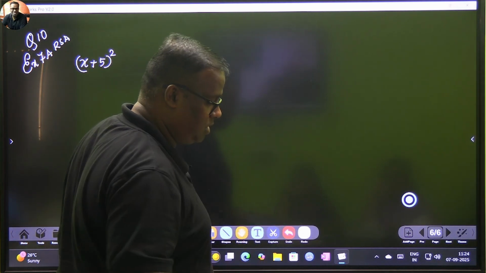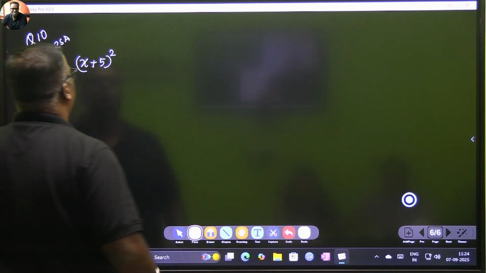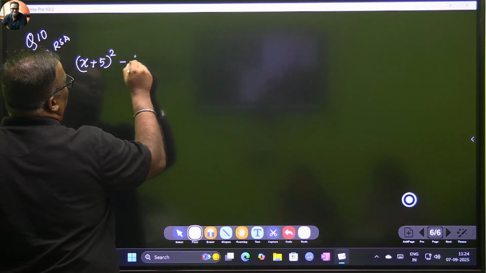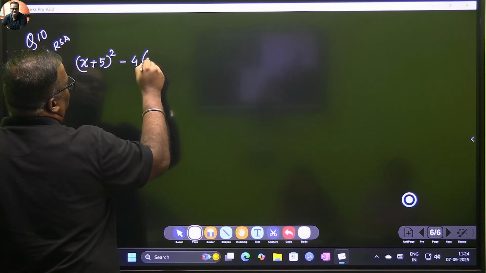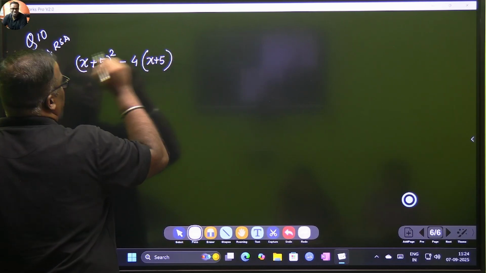Yeah, x plus 5 whole square minus 4 into bracket x plus 5. We have to factorize this, right?